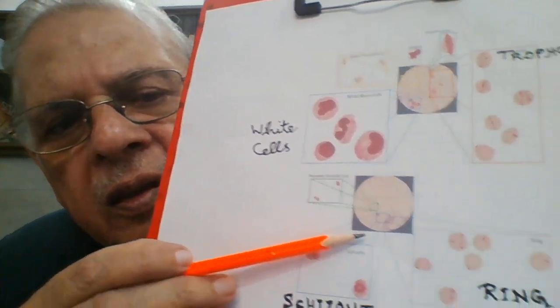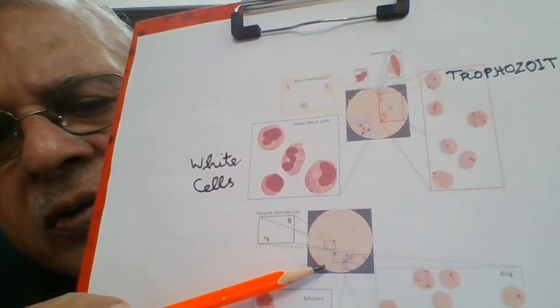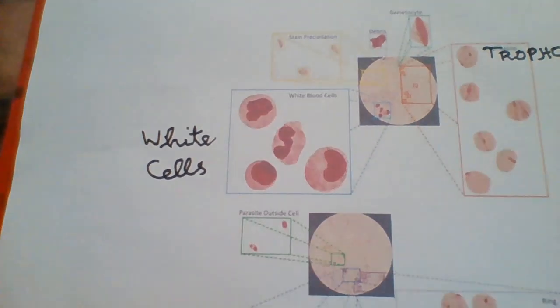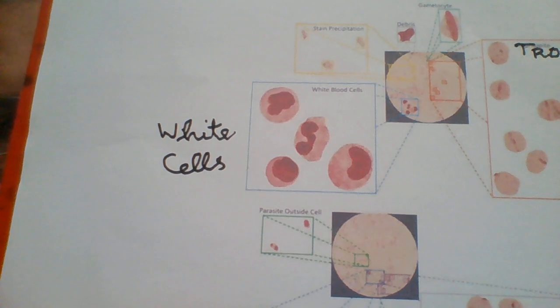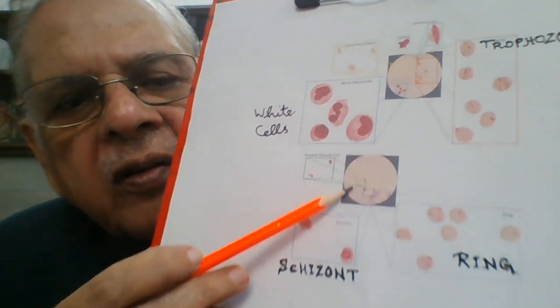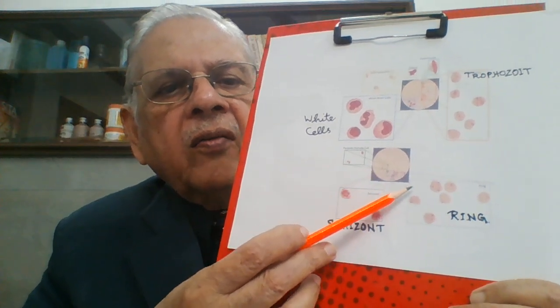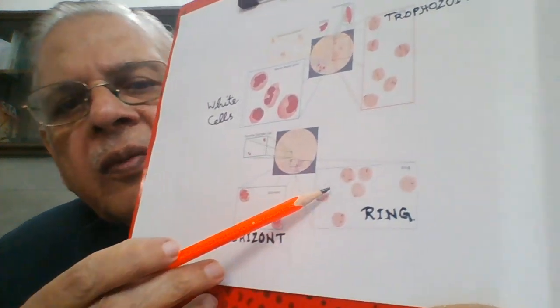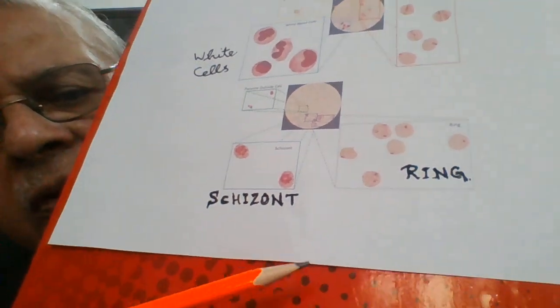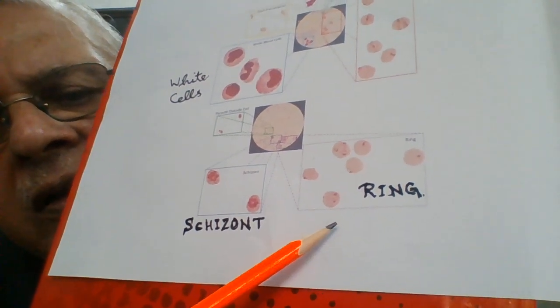I am trying to make it as close to the screen as possible. See, it is called schizont stage. And what is this? Let us come very close to it, and you can see here.